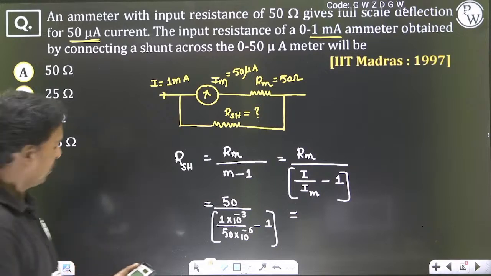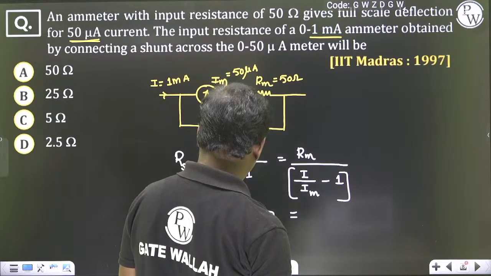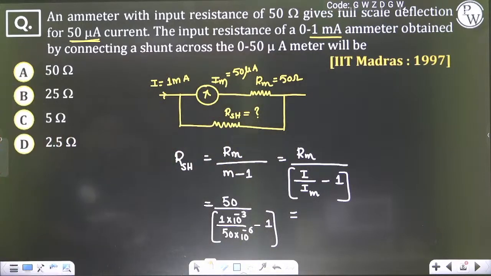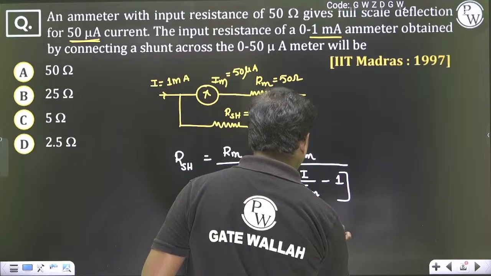Rm is 50 ohms, you want to convert current 50 microamperes to 1 milliampere. Roughly going to get 2.5 ohms.